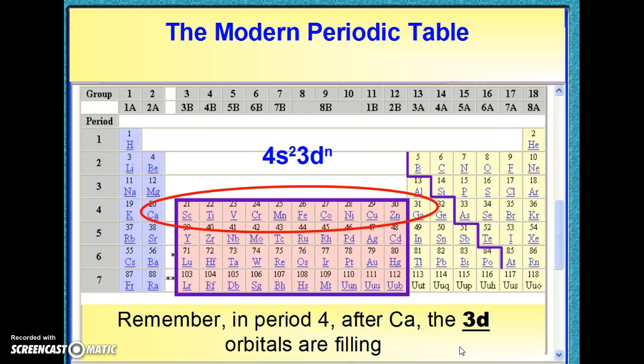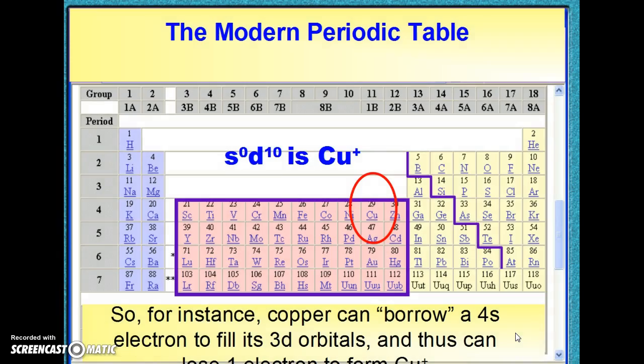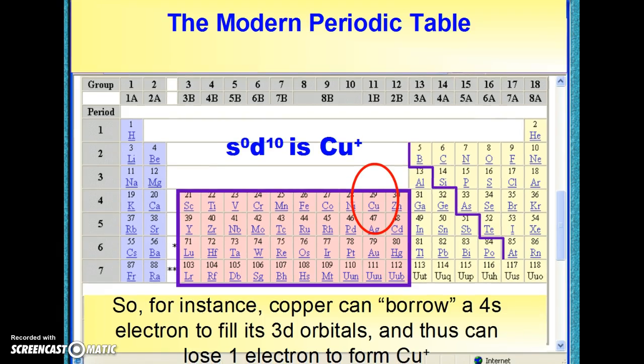Remember, in period 4, once we get past calcium, we now still have to fill the 3d orbitals, and so those are the ones that fill from scandium through zinc. The d orbital in the 3rd energy level is very close to the s orbital in energy, the 4s orbital in energy. So we can see from time to time some borrowing going on.